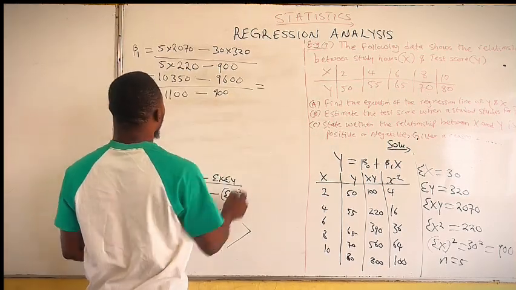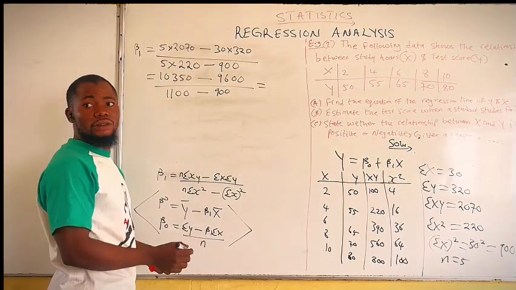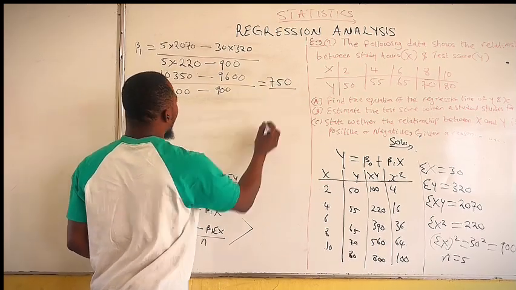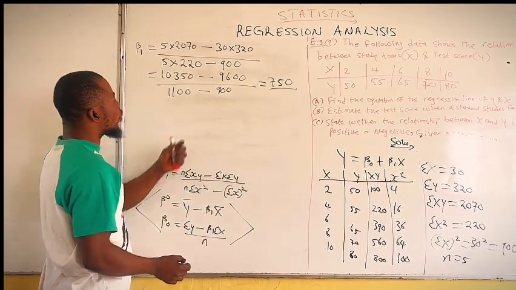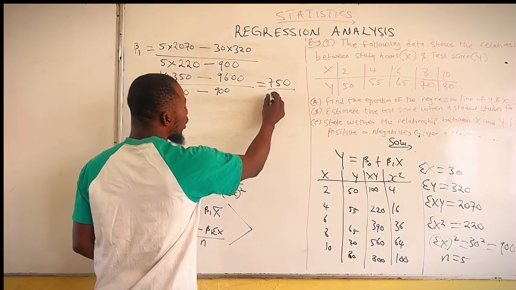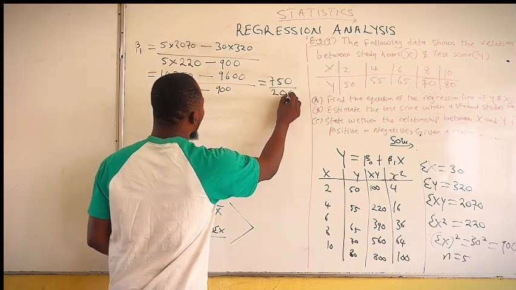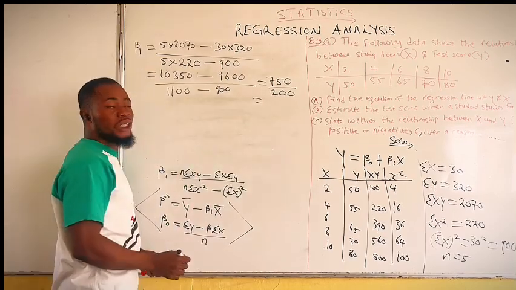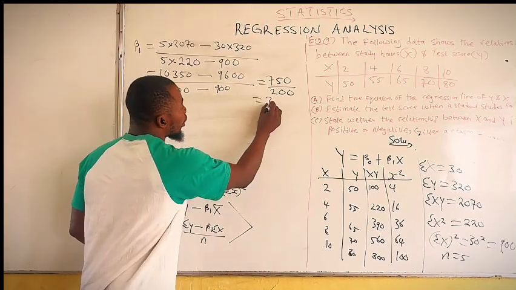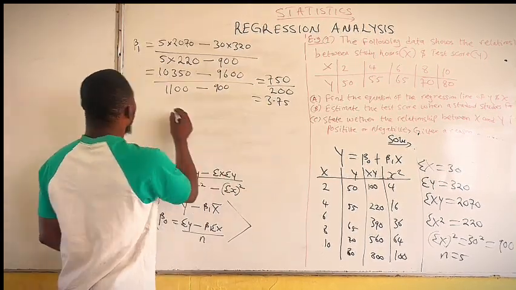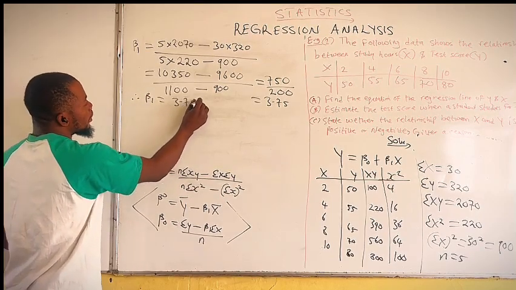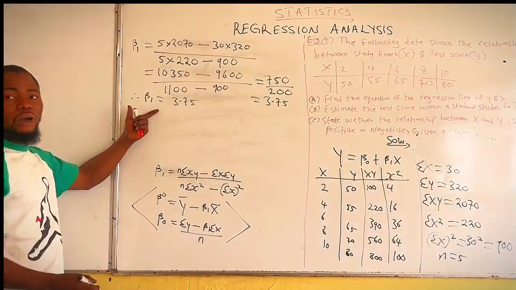So our numerator will give us 750, and 750 is divided by 1100 minus 900, which is 200. So at last, 750 divided by 200 will give us 3.75. Therefore, our beta 1 is 3.75.